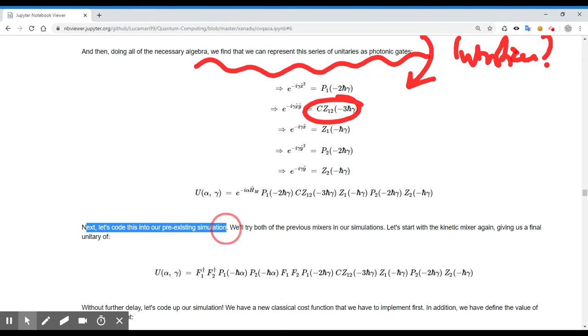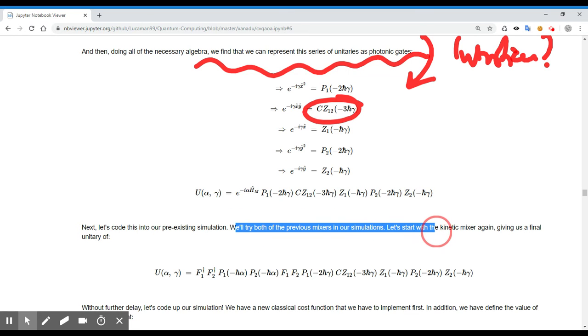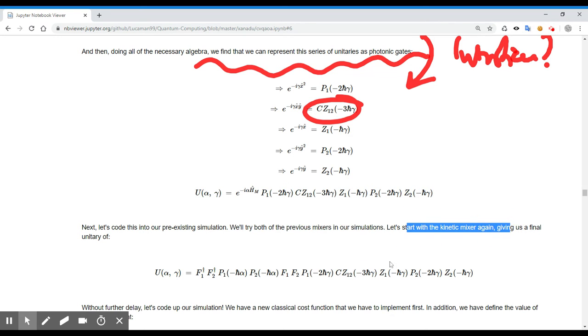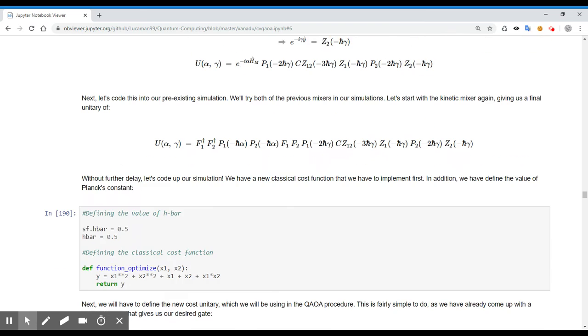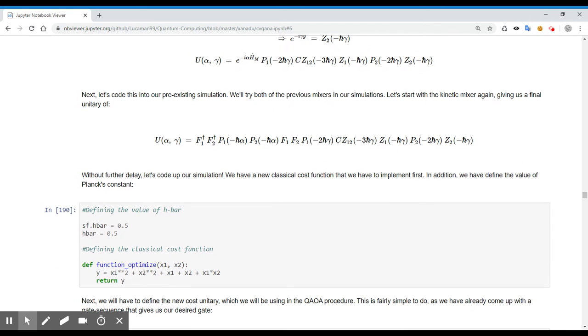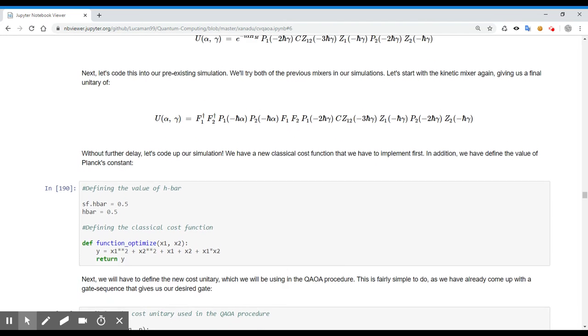Next, let's code this into our pre-existing simulation. We'll try both the previous mixers in our simulation. Let's start with the kinetic mixer again, giving us a final unitary of this. Without further delay, let's code up our simulation. We have a new classical cost function that we have to implement first. In addition, we have defined the value of Planck's constant.